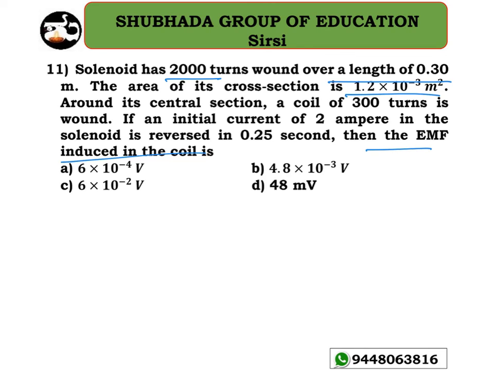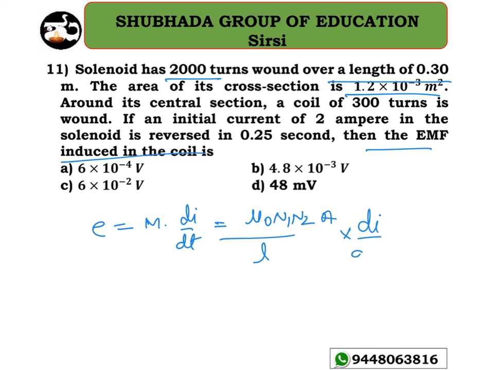The induced EMF equals the coefficient of mutual inductance M into di by dt. For a solenoid it is mu naught times N1 N2 into A divided by the length of the solenoid, into di by dt. This is the formula which you need to use. Let me substitute here. Mu naught equal to 4 pi into 10 to the power of minus 7.